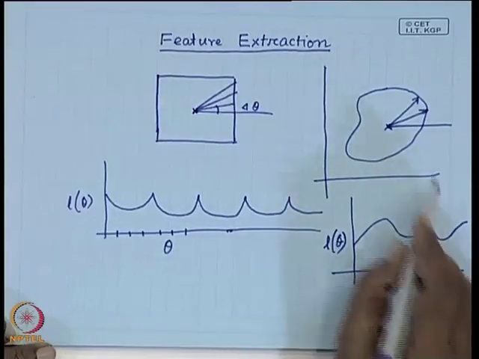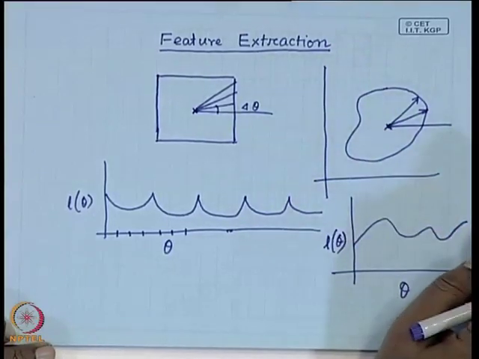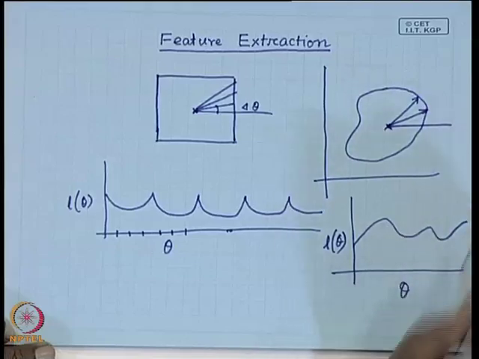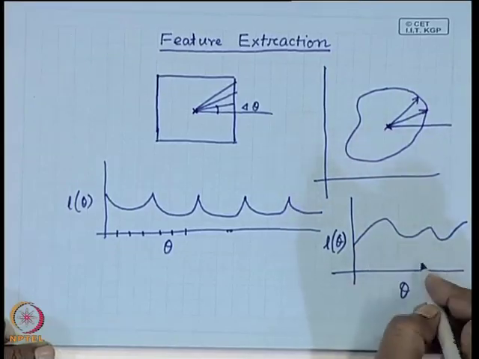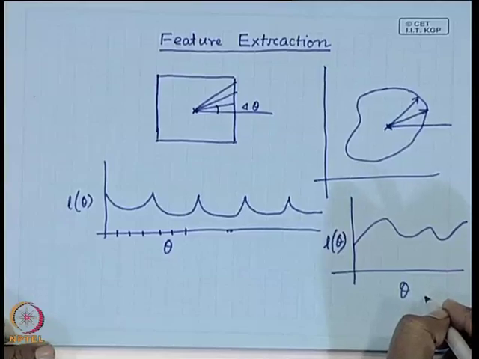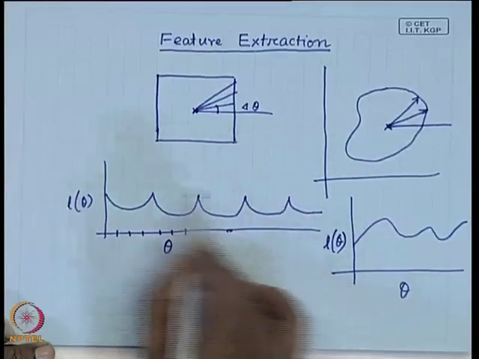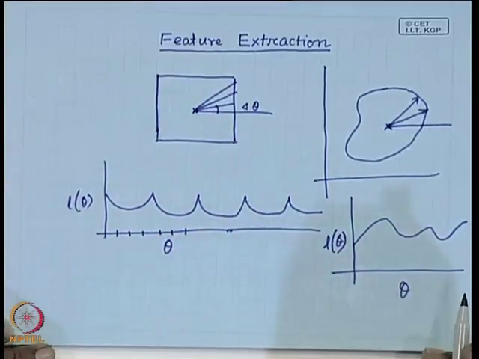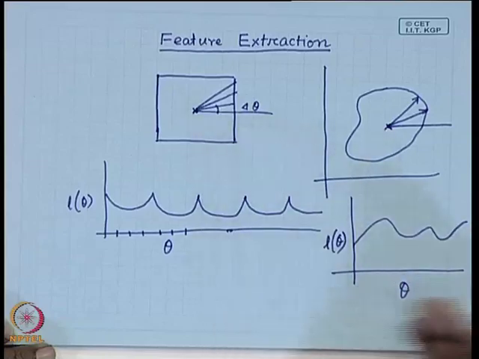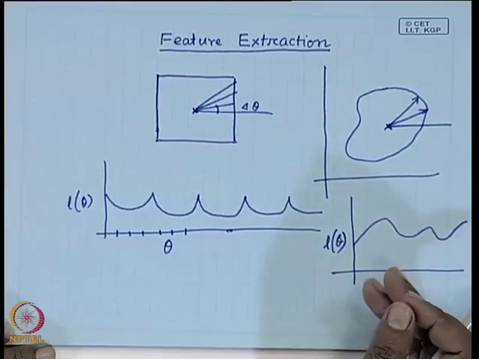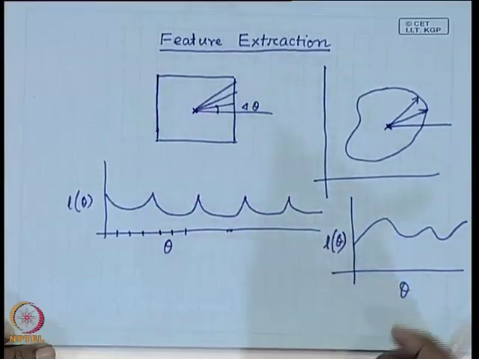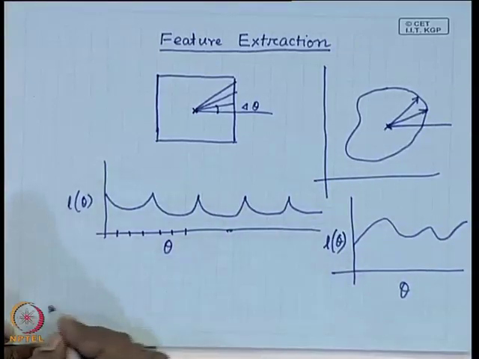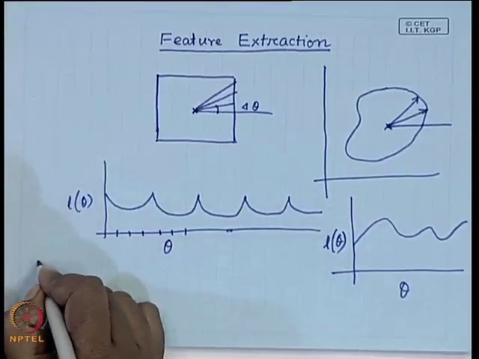So, this two-dimensional boundary information is converted to a one-dimensional function, a distance function, distance with respect to orientation, that is theta. If I take this as the boundary signature, then I can generate different types of features or feature vectors from this particular pattern itself, and one of them is the moments.